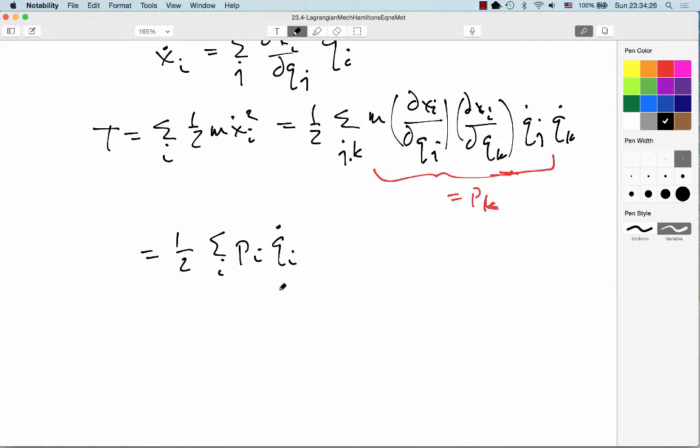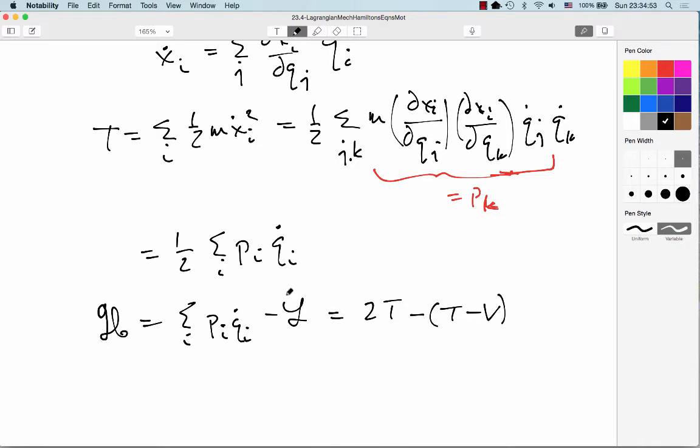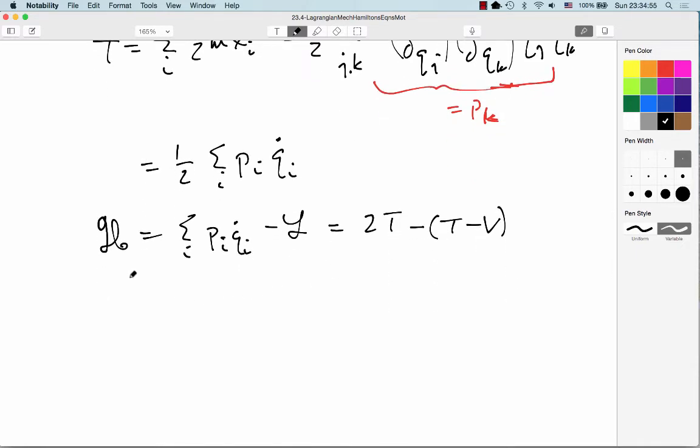So again, if t is ignorable for the x_i's in terms of the q_j's, we can now write our Hamiltonian as sum over i of p_i q_i dot minus L. Well, that will be equal to 2T, because T is half of this, minus the Lagrangian, which is T minus V. So we get that the Hamiltonian is T plus V.